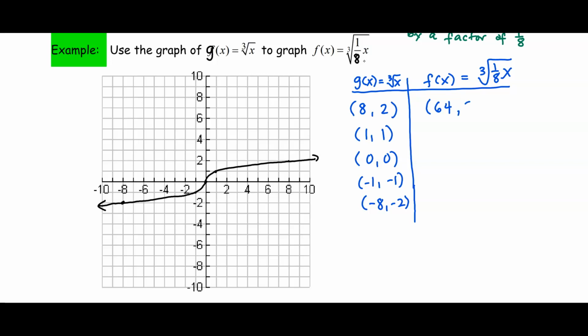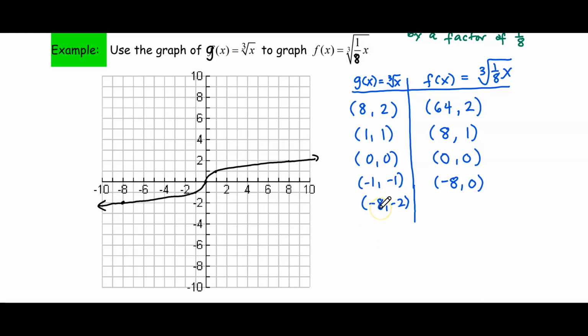And then you retain the y coordinate too. 1 divided by 1/8 is equal to 8. Retain the y coordinate. 0 divided by 1/8 is still 0, so 0, 0. And then -1 divided by 1/8 is -8. So you can verify that using your calculator.